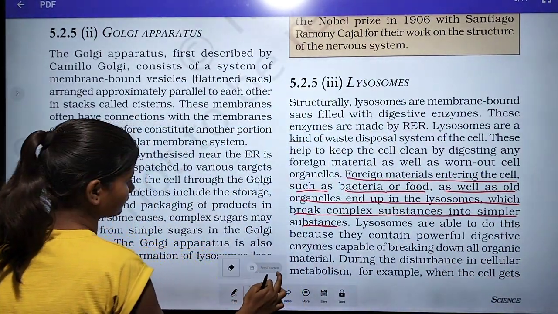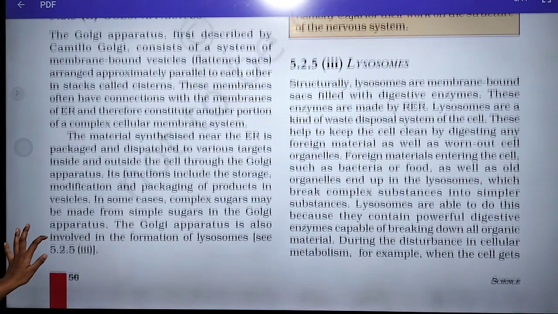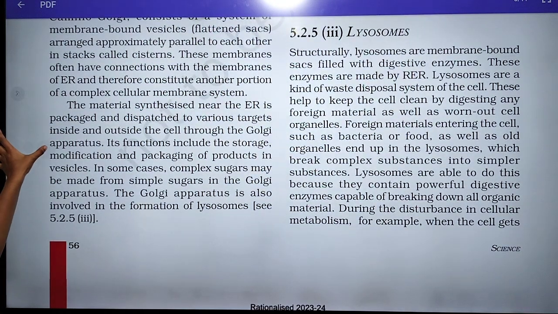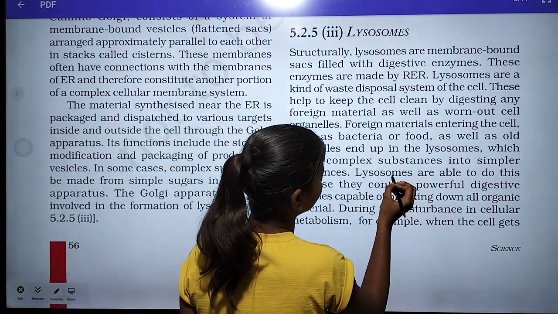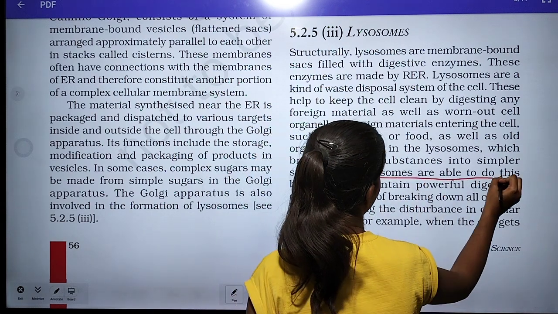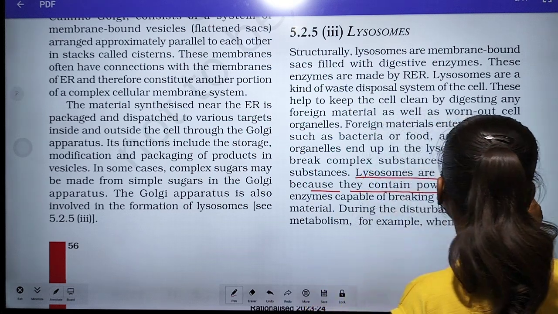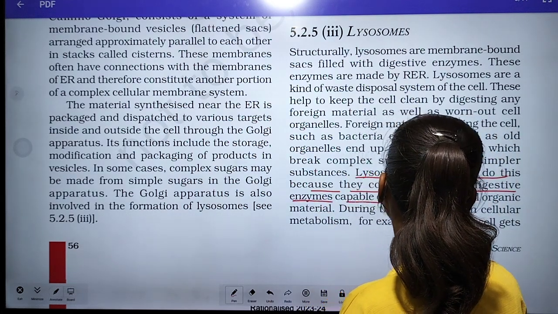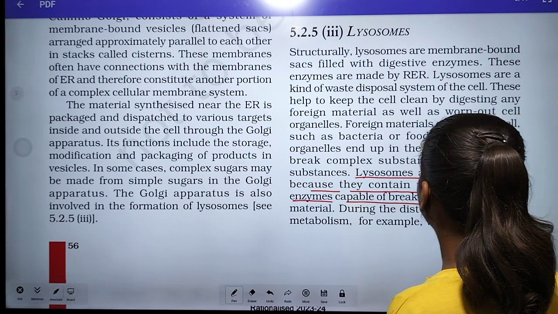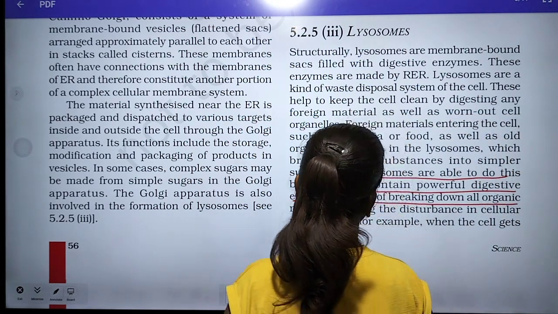Lysosomes are able to do this because they contain powerful digestive enzymes capable of breaking down all organic material.